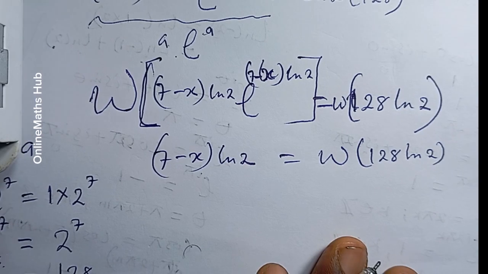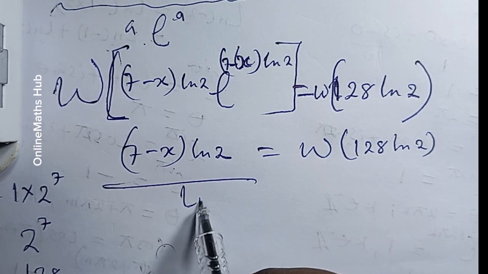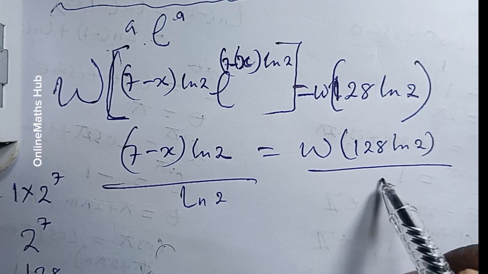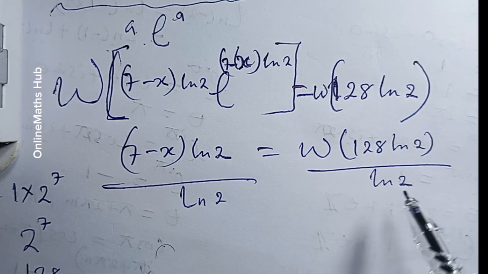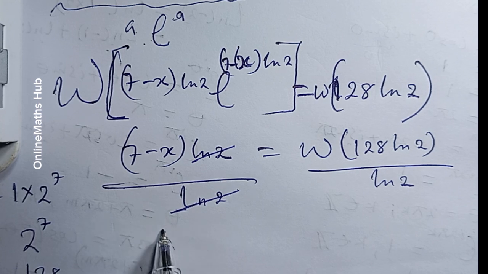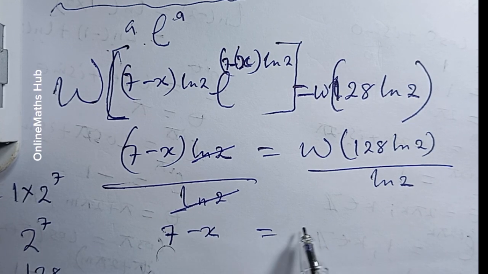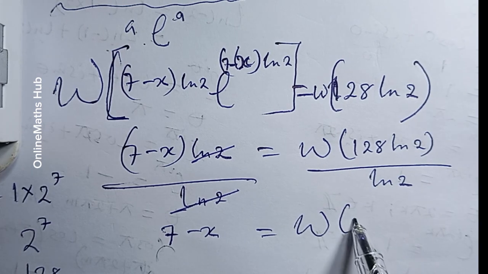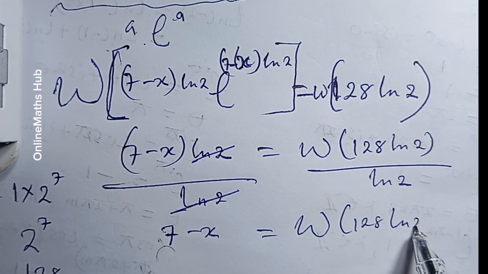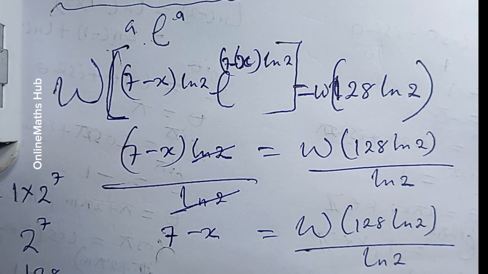Okay, so at this point what I'm going to do is just go ahead and divide through by the natural log of 2, so that this cancels this, and then at the left hand side I'm going to be having 7 minus x is equal to the Lambert W function of 128 natural log of 2 divided by the natural log of 2.